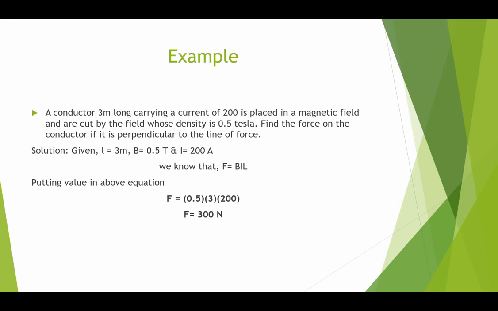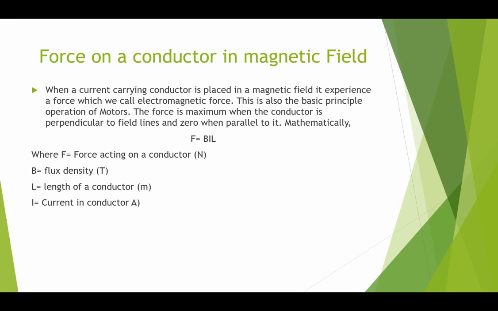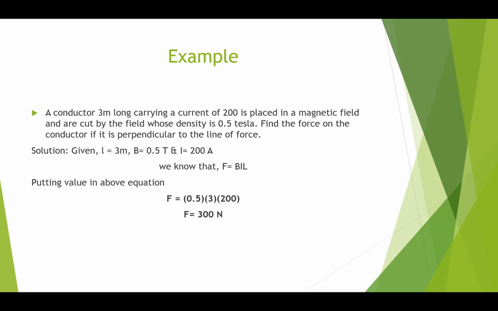Here is another example related to the force on a conductor in a magnetic field. A conductor 3 meters long carrying a current of 200 ampere is placed in a magnetic field whose density is 0.5 Tesla. Find the force on the conductor if it is perpendicular to the lines of force.